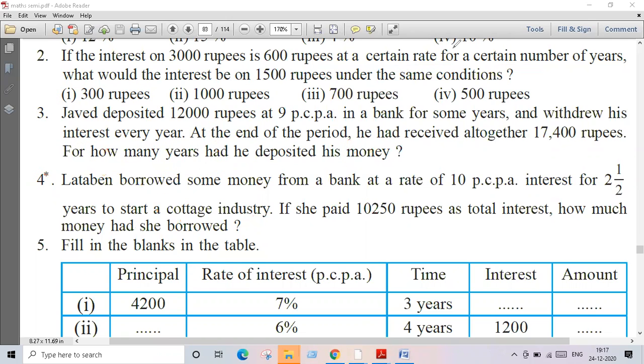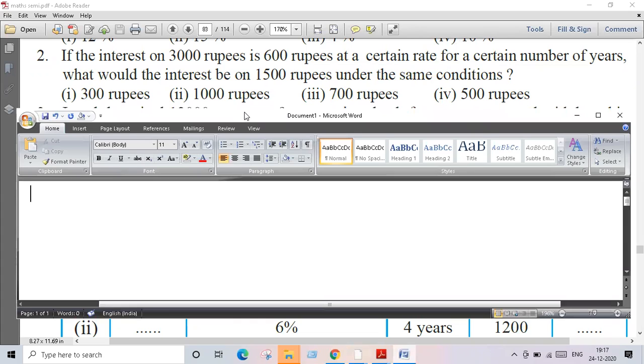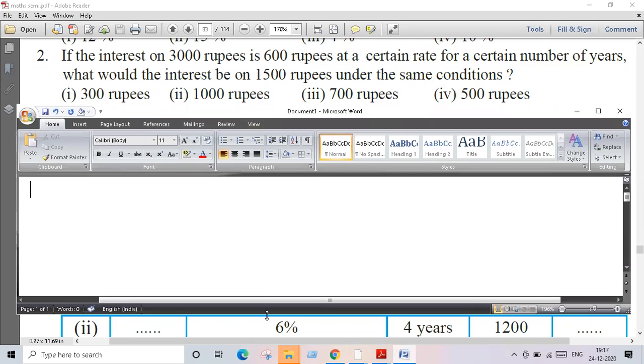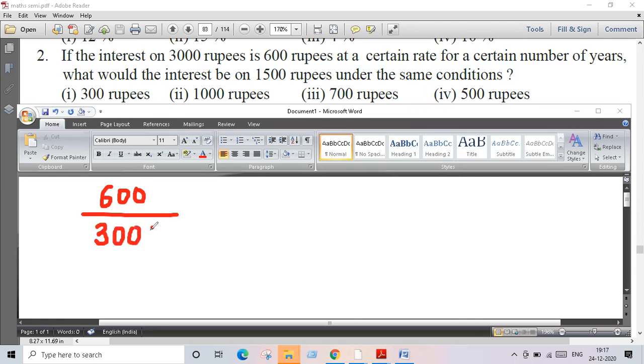Let me solve it again, see. I hope the whole screen was clearly visible to you. Yes, so we'll solve it here properly now. 600 rupees is the interest for 3000 rupees. Then what could be the interest at the same rate for the same period for a principal of 1500 rupees?